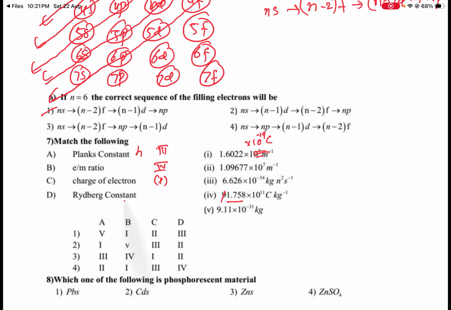Okay. Next, Rydberg constant. Rydberg constant means 109677 centimeter inverse. For conversion into meters, it is 109677 into 10 power minus 2 meter inverse, which is 1.09677 into 10 power 7 meter inverse.